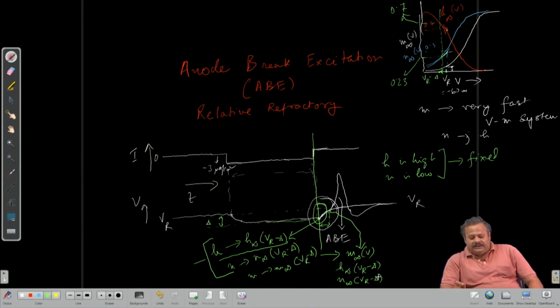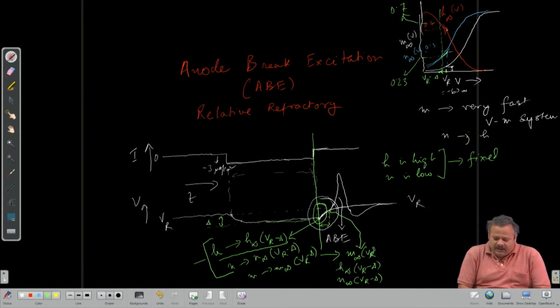So now V has reached Vr, the resting membrane potential.